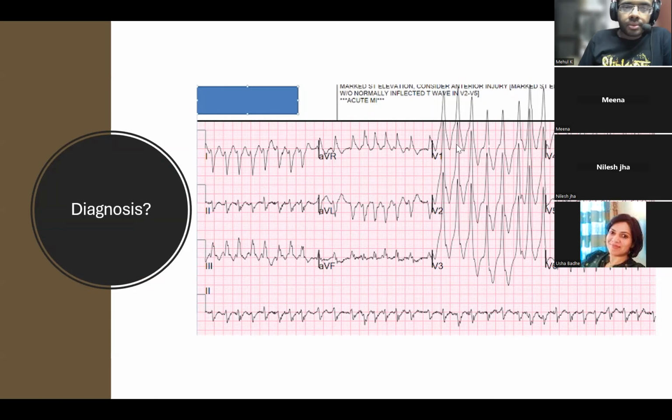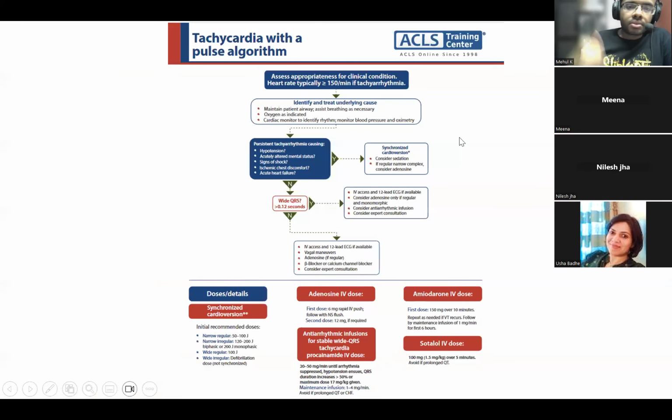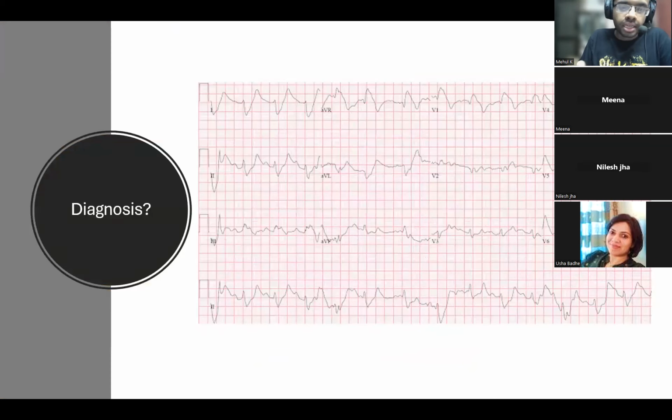So again, we'll just rewind. Always keep your ACLS rhythm algorithms in mind, but remember that ACLS was not made for each and everything that you will face in the emergency department, like the things I showed here. If you follow ACLS for this, then you will give the patient amiodarone and the patient will die, because amiodarone is just going to make the hyperkalemia ECG changes worse.